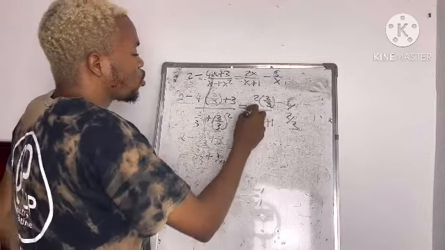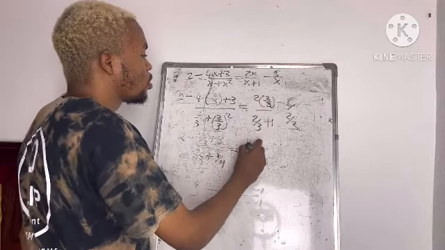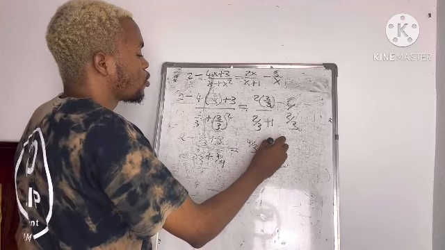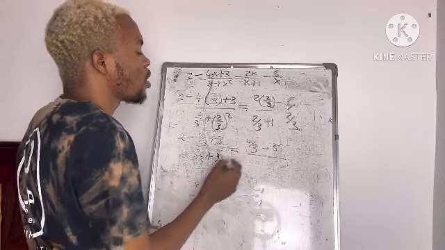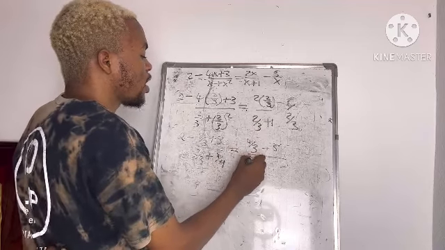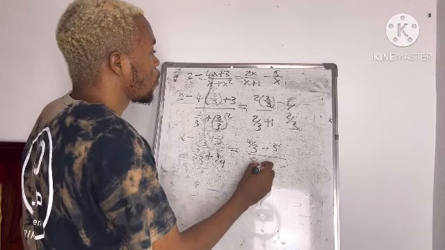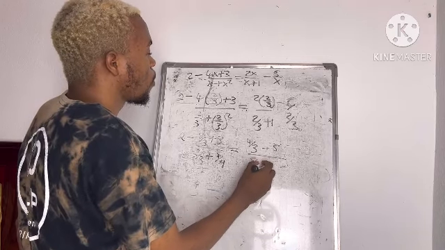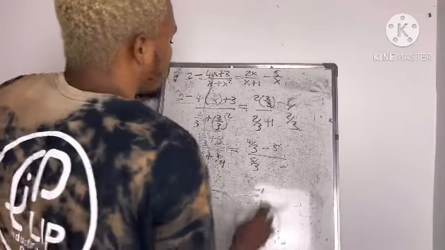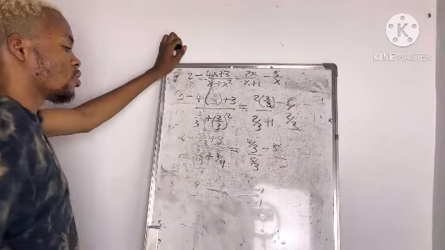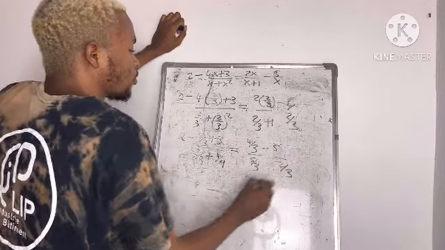Or we could still just do 2 times 2, you have 4 over 3 minus 5, all this divided by 3 times 1 is 3 plus 2, which is 5 on 3. Not forgetting that this is not joined, and here you have 2/3.